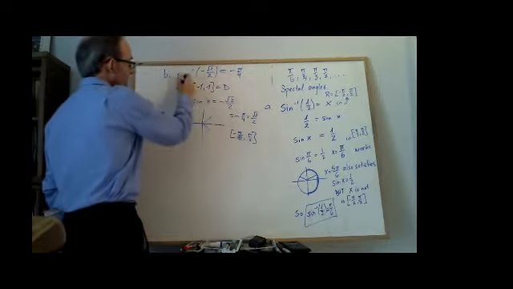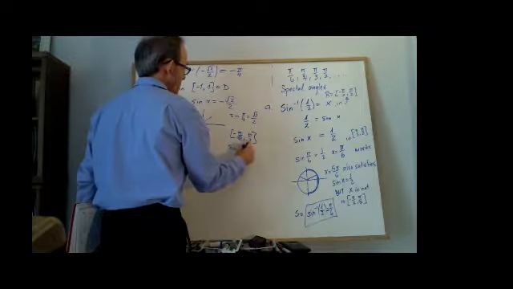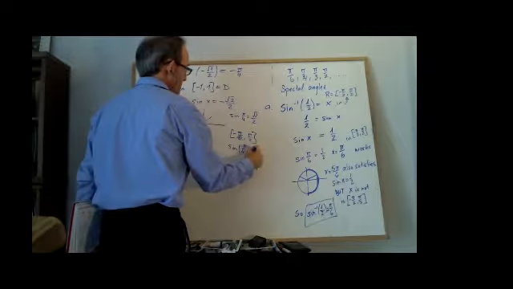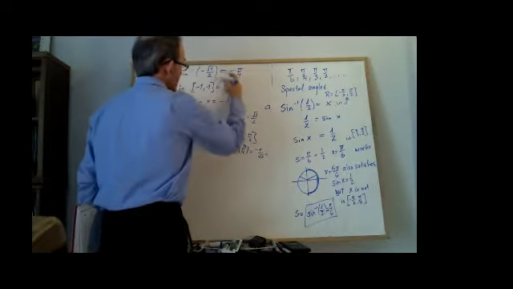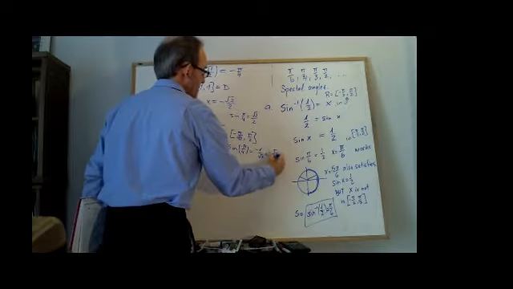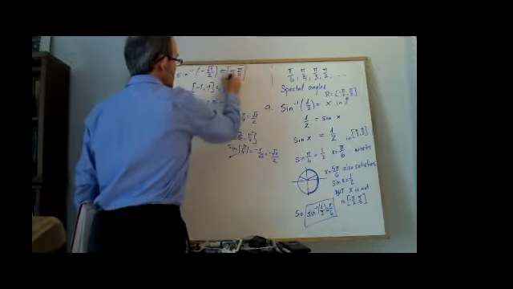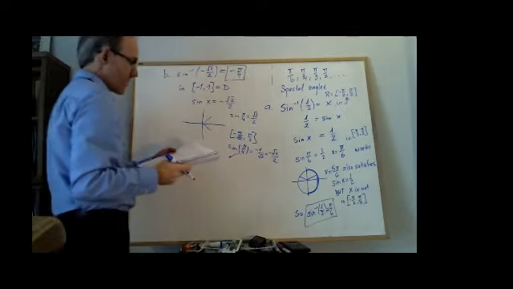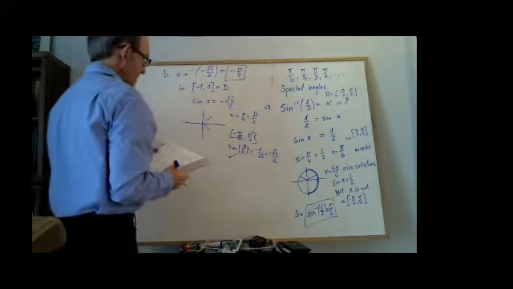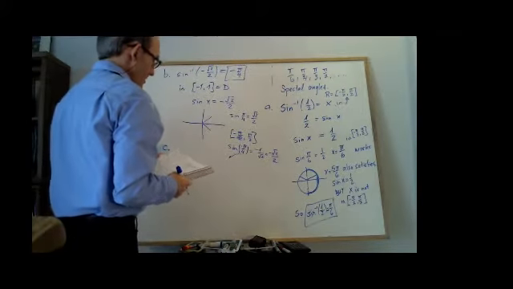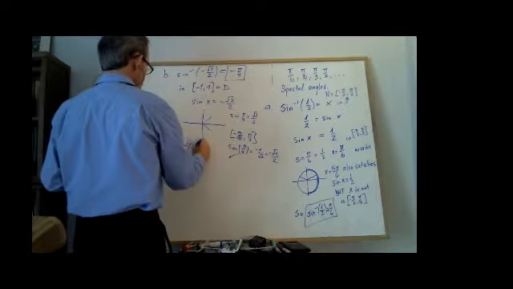Remember, this is an odd function, so the sine of minus pi over 4, I'll put brackets there, is minus 1 over root 2, or minus root 2 over 2, same thing. Okay, so that's the answer. It's the only allowed value in that range. Okay, cosine inverse of minus root 3 over 2.